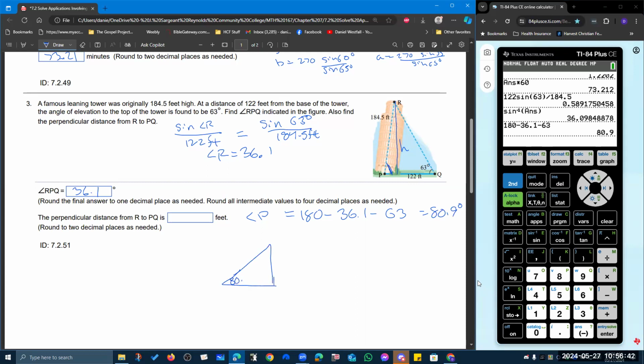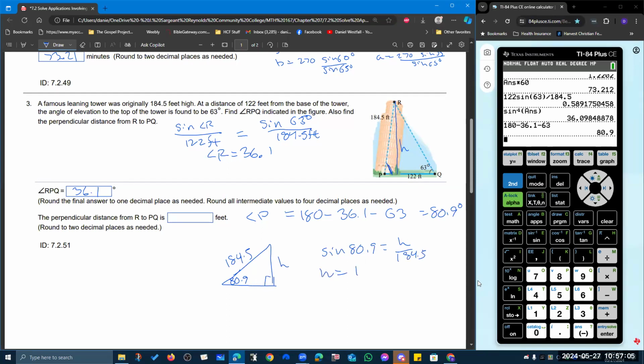And now we have this right triangle here. It's 80.9, like so. And h is here, and 184.5 is here. So let's say that sine of 80.9 is equal to h over 184.5.